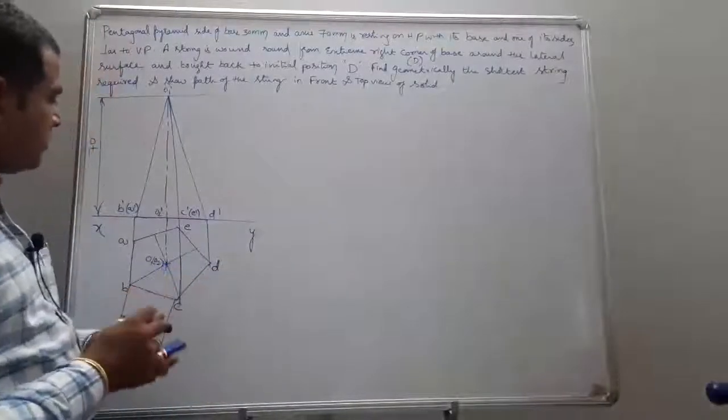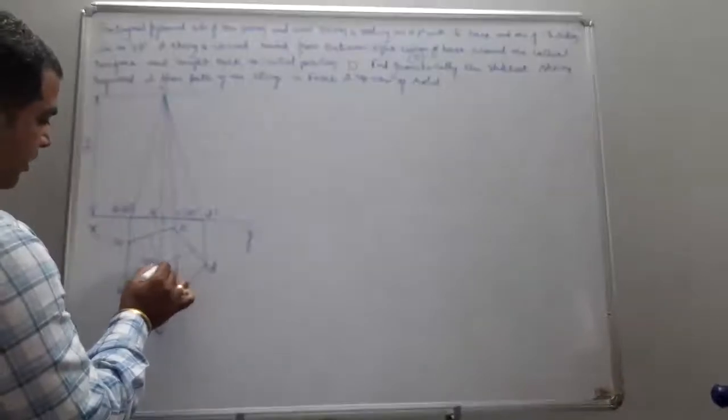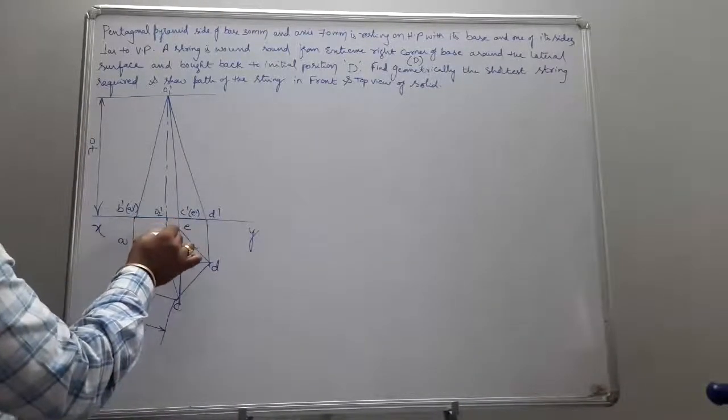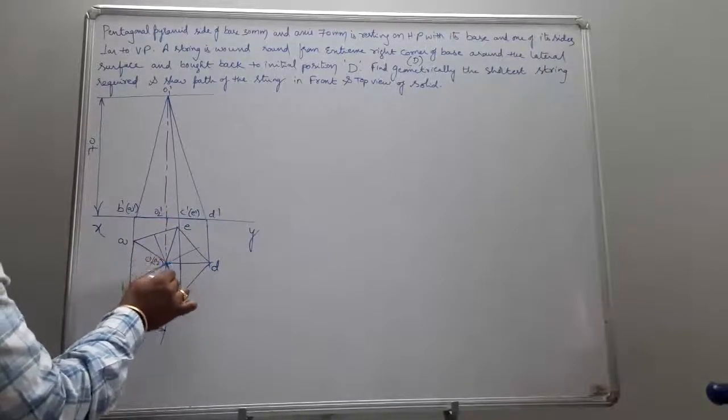Now tell me what was the slant edge here, the true slant edge. Let us consider this OD is going to be your true slant edge. Why? Because this was a pentagonal pyramid.